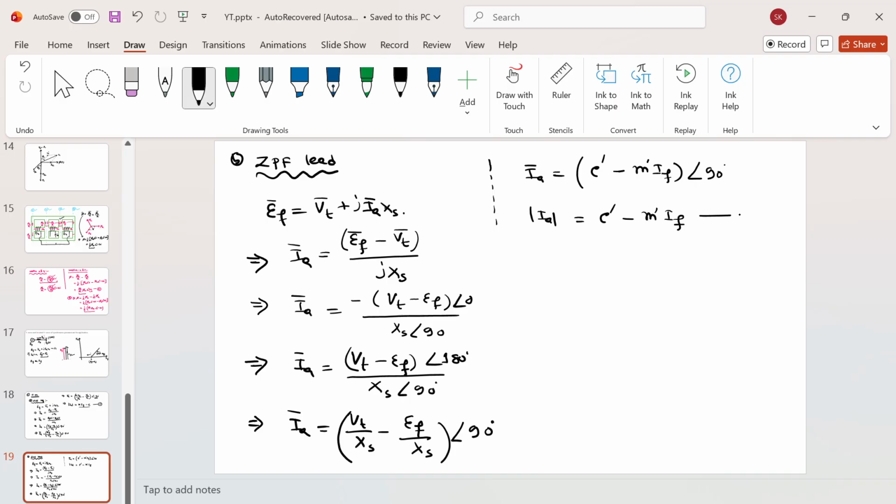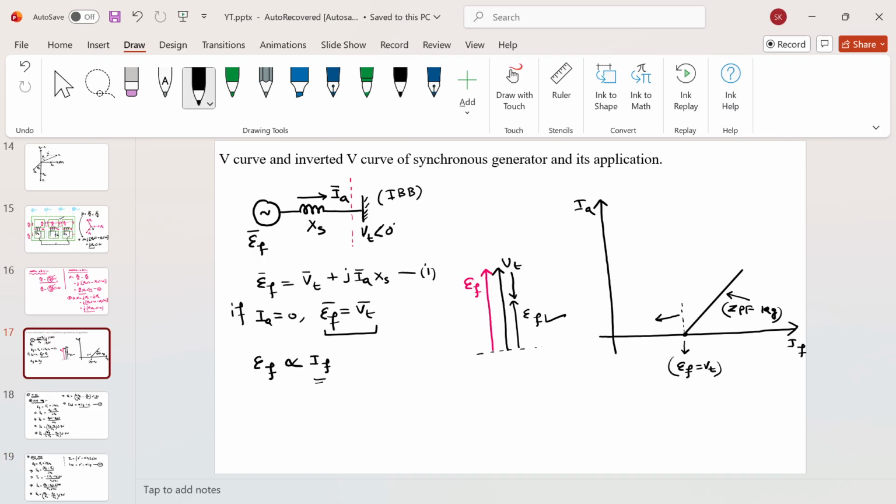If you see this particular equation 3, it is a linear equation with negative slope, minus M. So as you increase IF, let's say from 0 to here, your IA will increase. Or you can also say that if you decrease your EF from this point, your IA will increase. Both are correct.